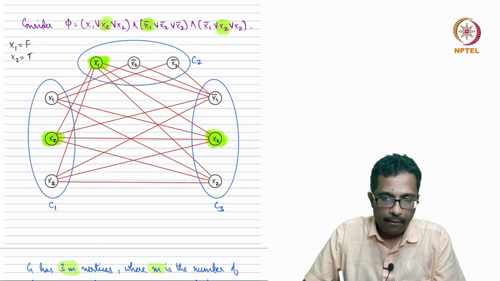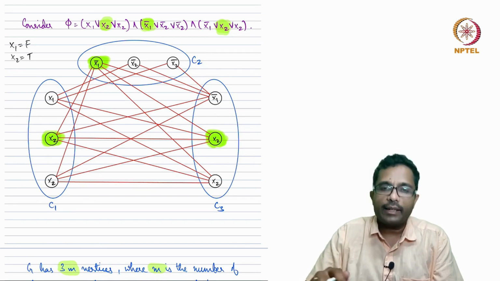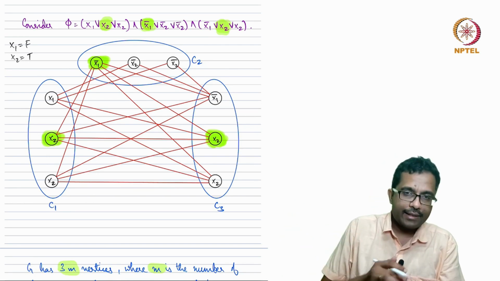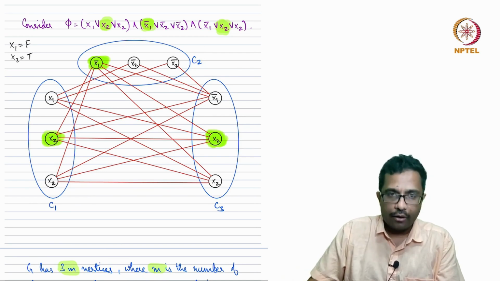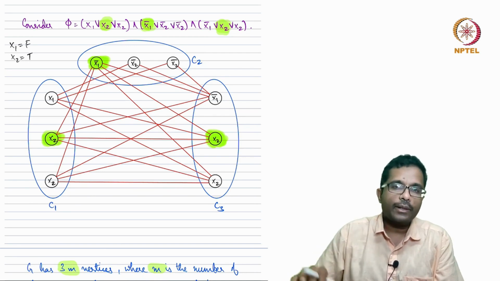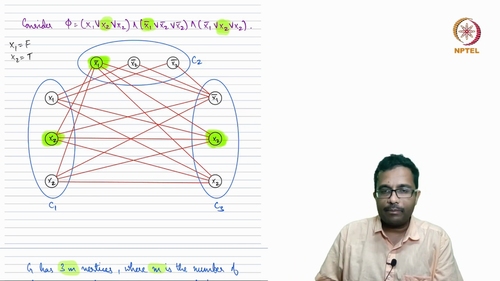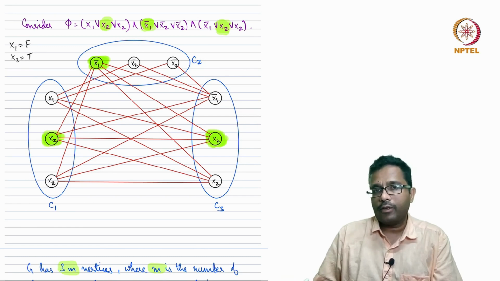And now we just select those groups, and because we did not put edges between xi and xi complement, all these selected vertices, or the literals that correspond to them, are not conflicting, and we can set all of them to be true. So suppose x1, x2, x3 complement, x4 complement are picked, then we set x1 and x2 to be true and x3 and x4 to be false.